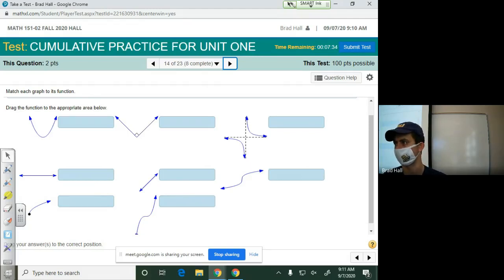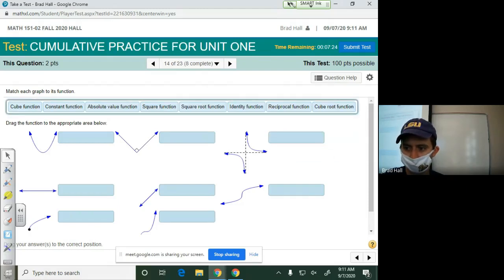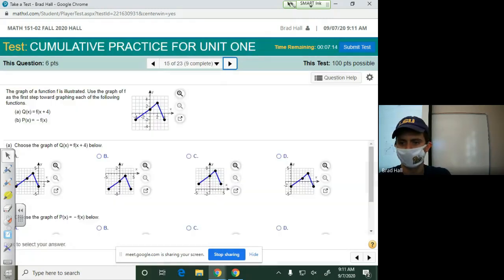So just make sure you have that quickly accessible. So that would be all of these. So you would just drag, cube root would be that one. And then you go on with the rest of them. Know your library of functions.